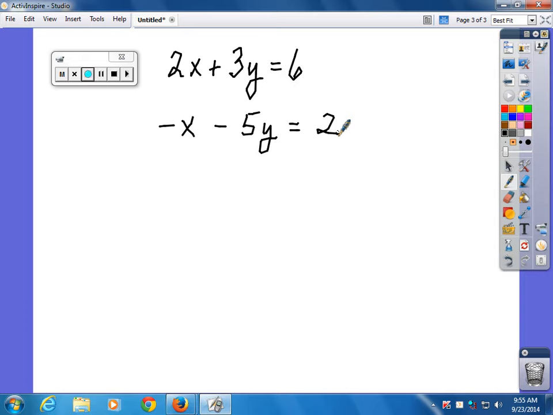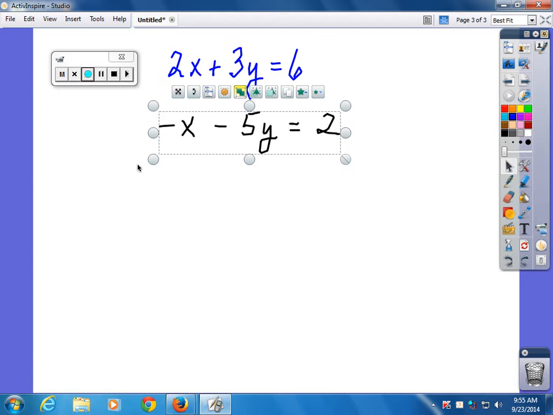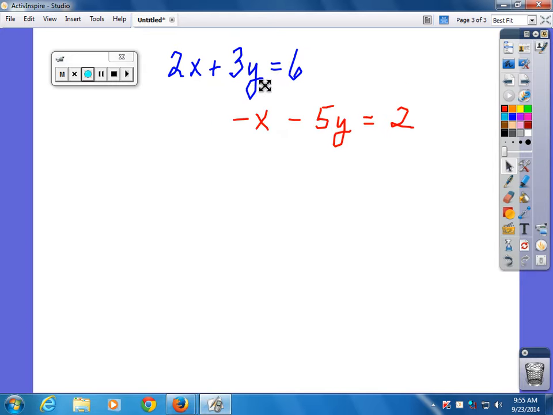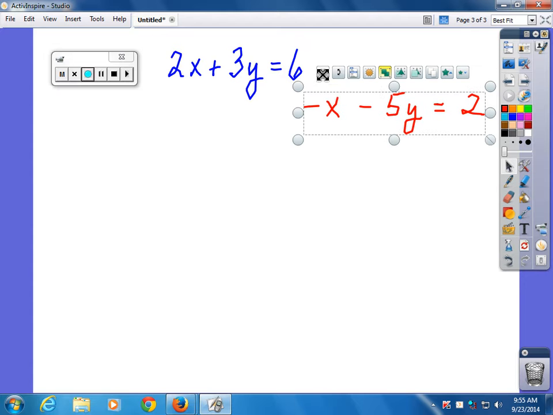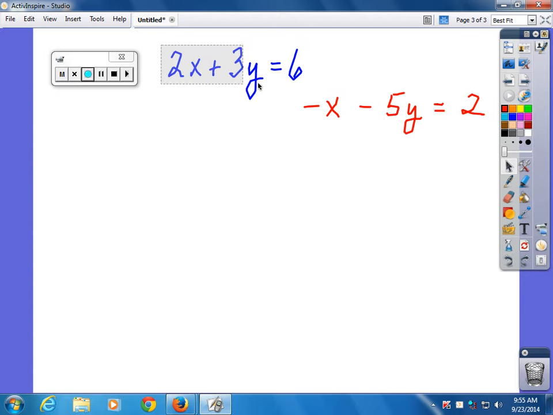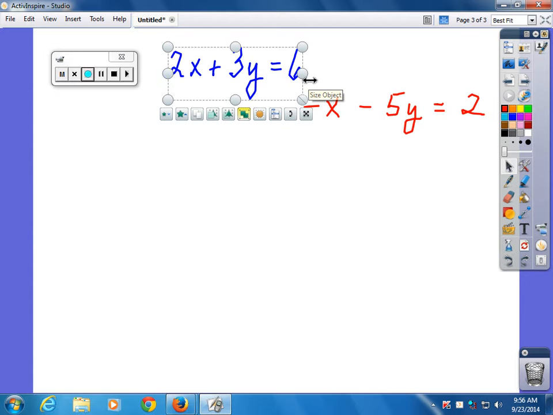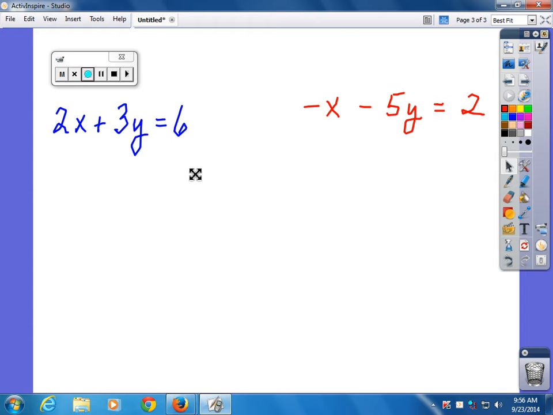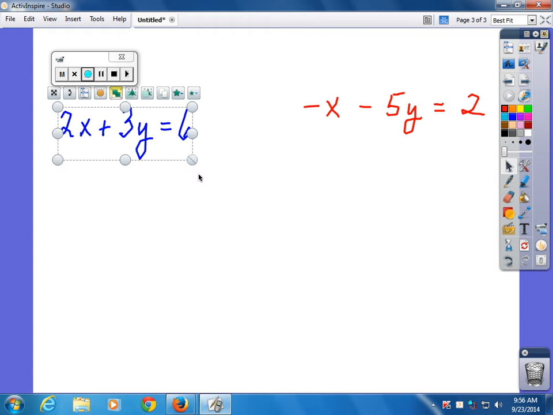I'm going to make one of them blue, and I'm going to make this one red. And I want you to graph both of these lines. And you're going to have to use graph paper, and I'll tell you why. Because it's the least accurate, and you can't just sketch them. And you're going to have to use a straight edge.